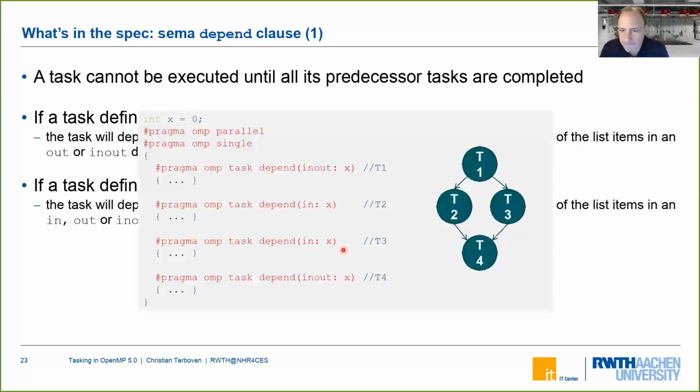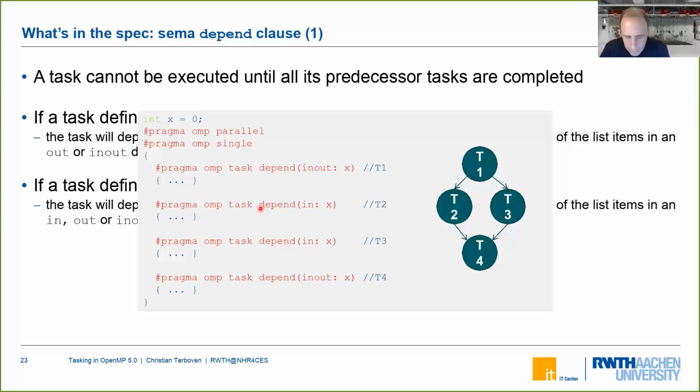So T1 here has an inout dependency on the variable x, and x is a variable shared in the region, so accessible by all the tasks. This provides this variable x. Inout means it both consumes it and writes to it. And T2 and T3 both consume x, but they do not modify x. That means they do not provide any value in there. And that means T2 and T3 can only be executed after T1 has been completed, but they can be executed simultaneously.